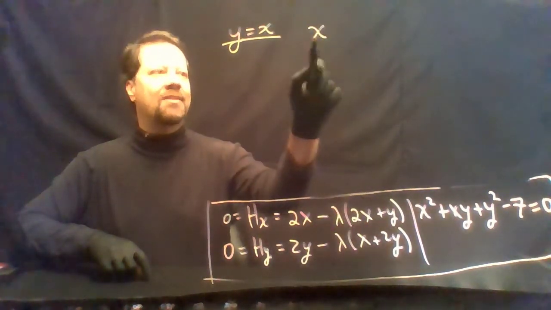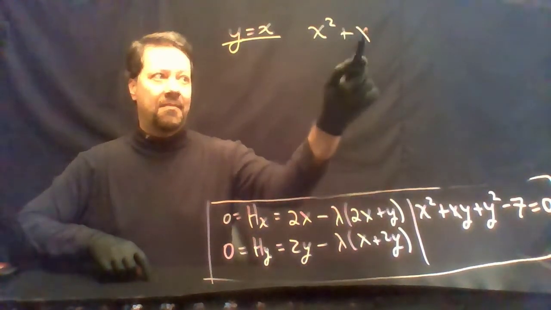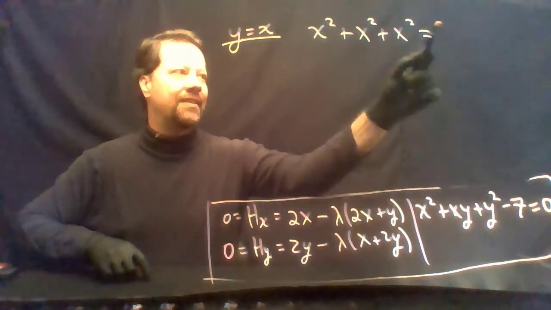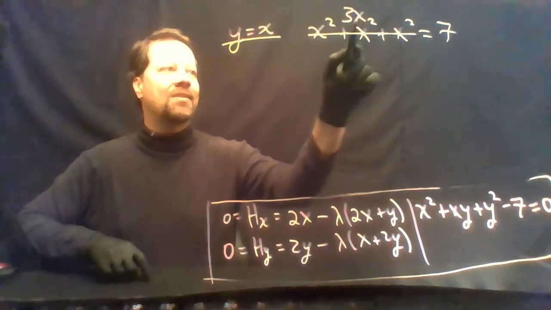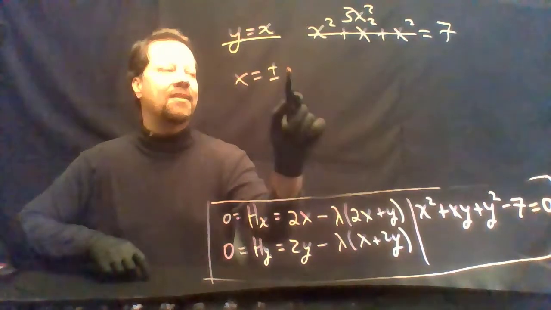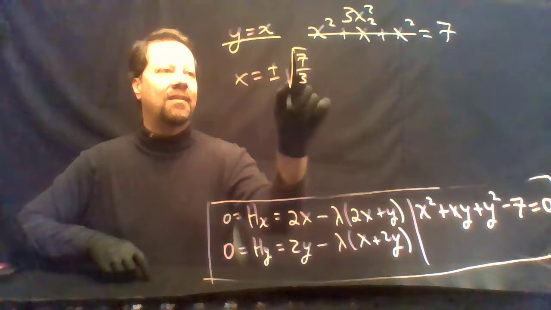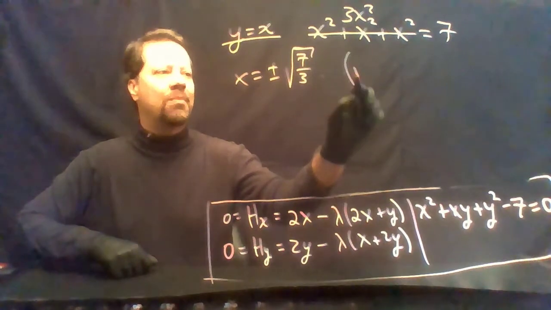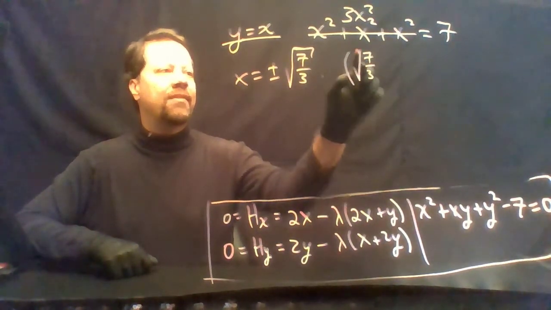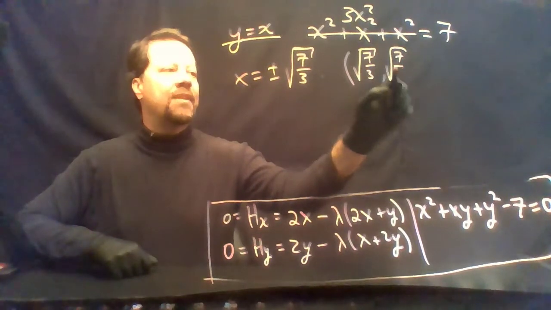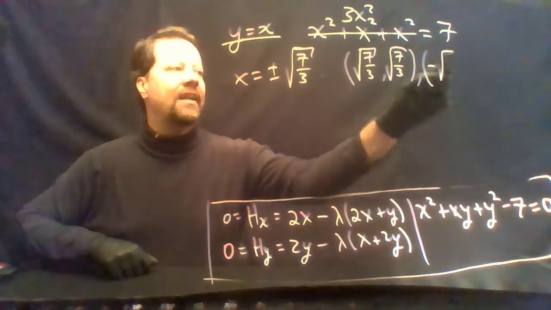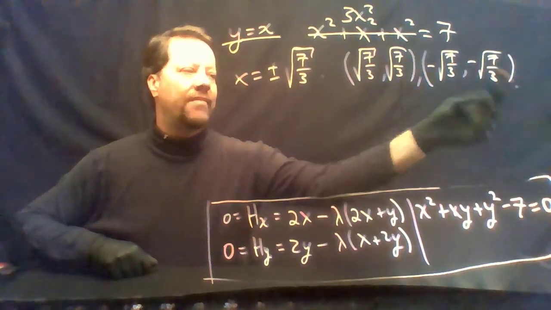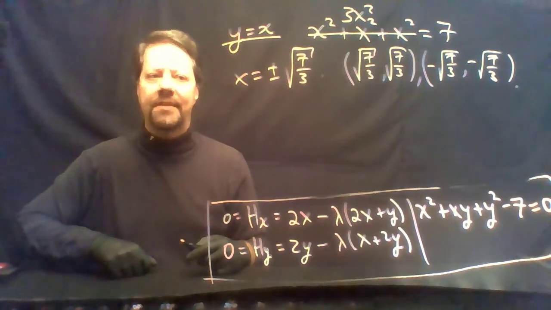We'll have x squared plus x squared plus x squared, and we'll move the 7 to the other side. 3x squared equals 7. x is going to be plus or minus the square root of 7/3. y will be the same thing. We'll get these 2 points: root 7/3, root 7/3, and negative root 7/3, negative root 7/3. And those will both be critical points.